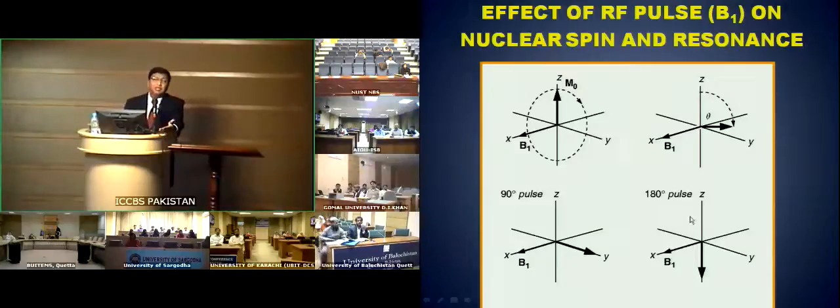And because you can only place the detector on the XY plane, the transverse plane, you would agree with me that if I really want to detect this magnetization vector, I must bring it to the XY plane, right?